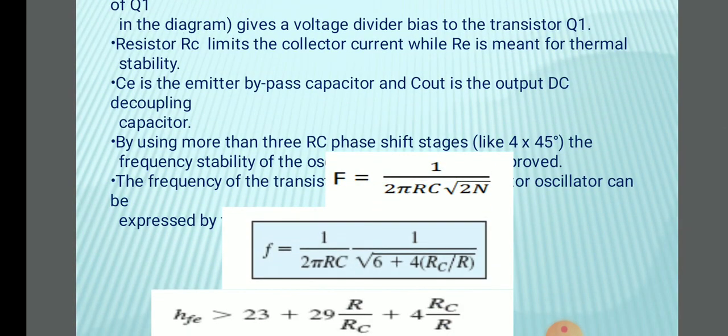By using more than 3 RC phase shift stages, like 4 into 45 degrees, the frequency stability of the oscillator is improved.